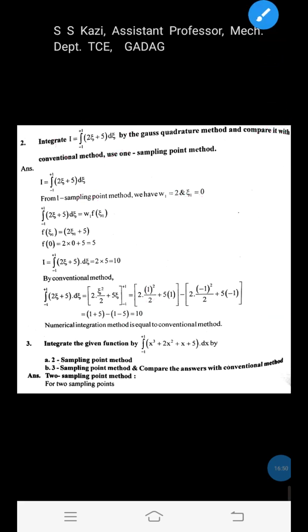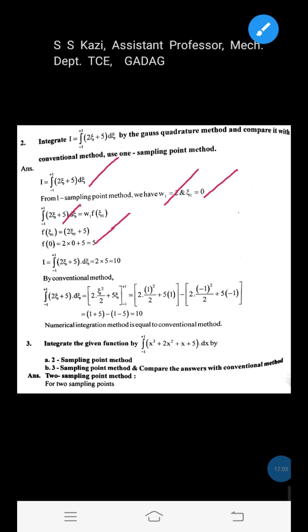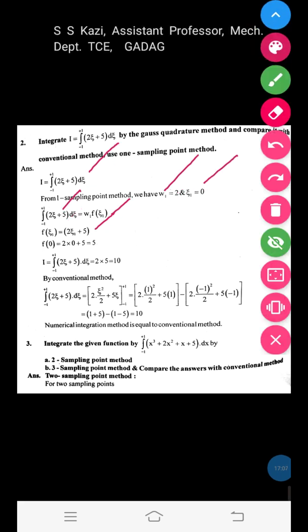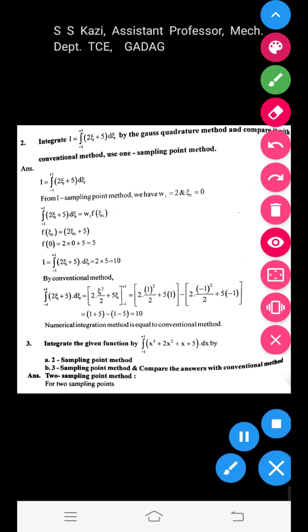It is very simple. In the 1 point method, we have W1 is equal to 2, zeta 1 is equal to 0, and you equate this integral to W1 f of zeta 1. And what is f of zeta 1? It is 2 zeta plus 5.